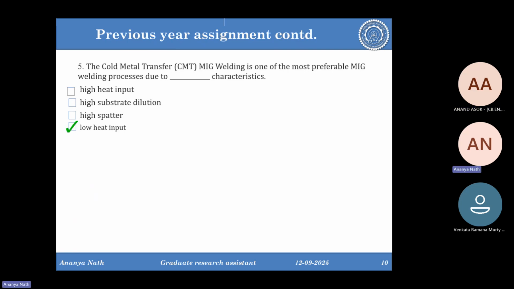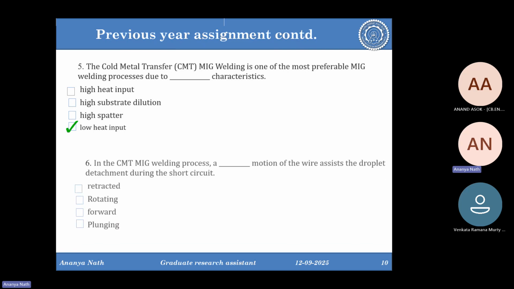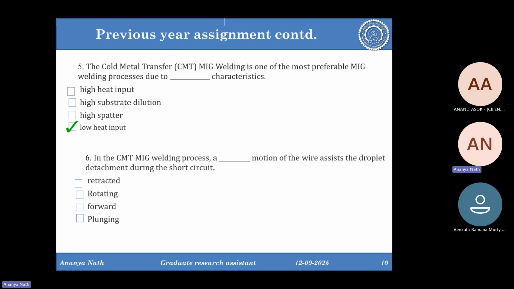Yes, it's the only reason why we use CMT, why researchers invented CMT. Because of the low heat input, the spattering is actually less, the substrate dilution is also optimal, and your process is controlled. In the CMT process, the back-and-forth motion of the wire assists the droplet detachment during the short circuit. What is it? You know the answer.